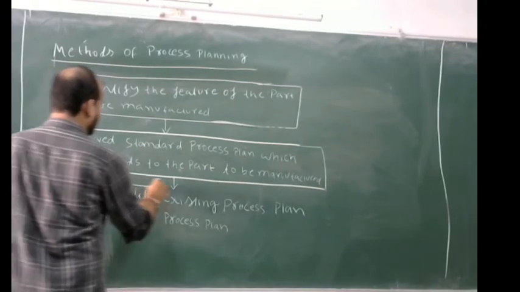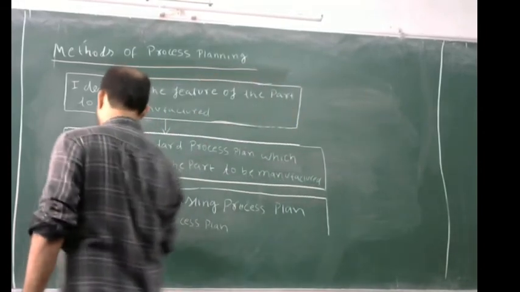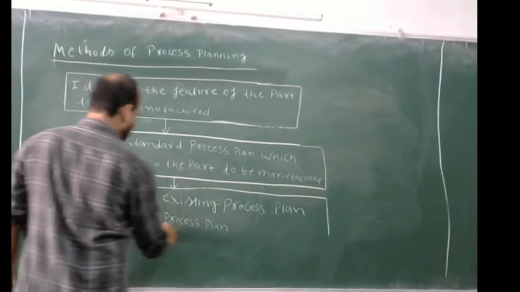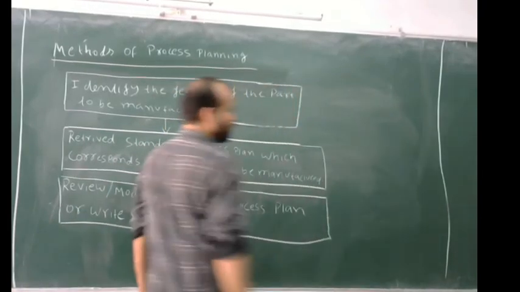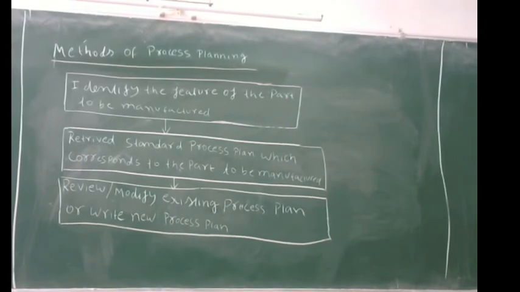Means after retrieving the standard process plan, we will next review or modify the existing process plan, or write. If possible we have to use the old process plan, and if not possible then we have to write a new process plan for that.